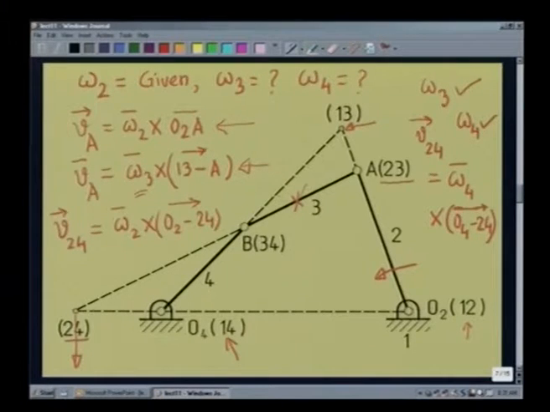So, if I call this point P, velocity of the point P will be omega 3 cross the vector, since link 3 is rotating about the point 1 3, from 1 3 to the point P. Omega 3 is already known, this vector is known. So, I can find the velocity of the point P.